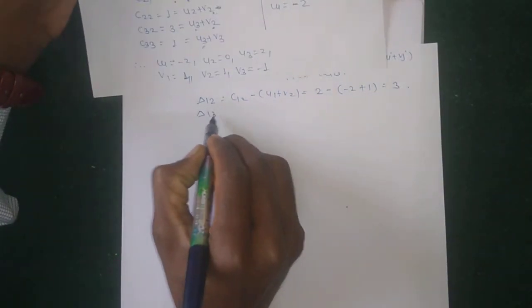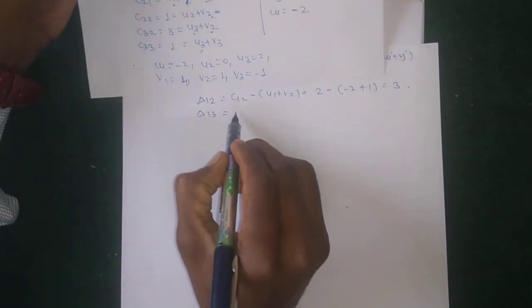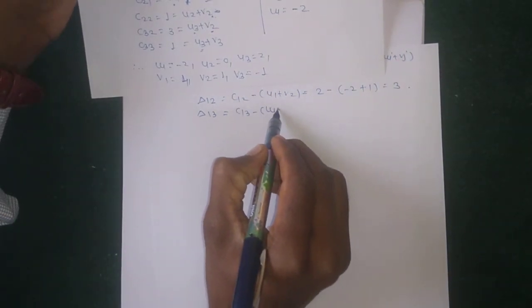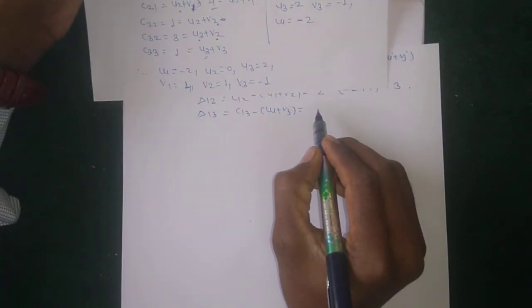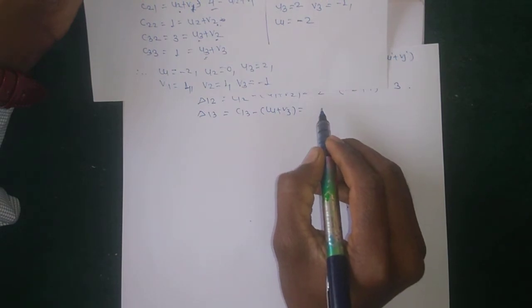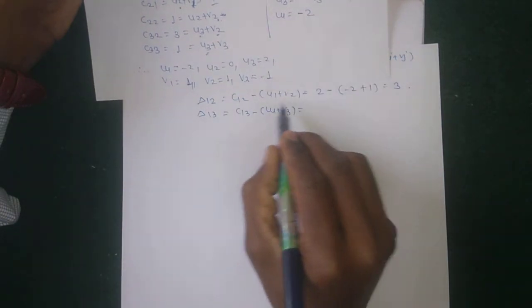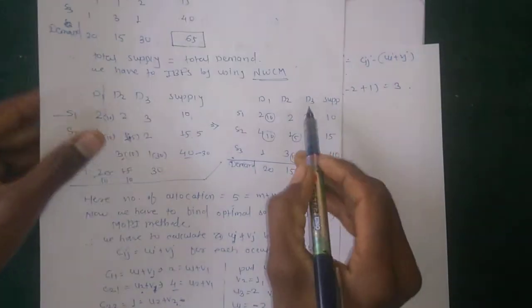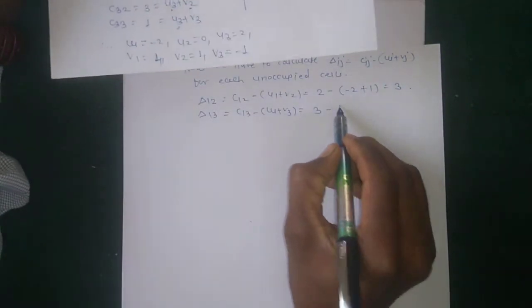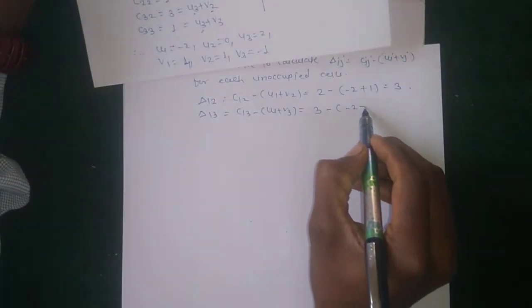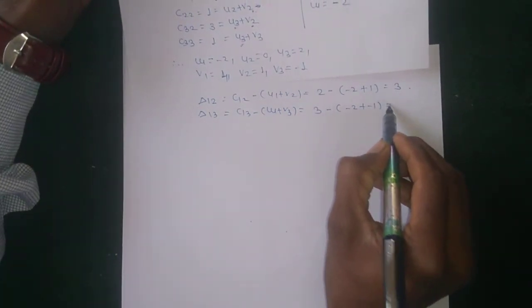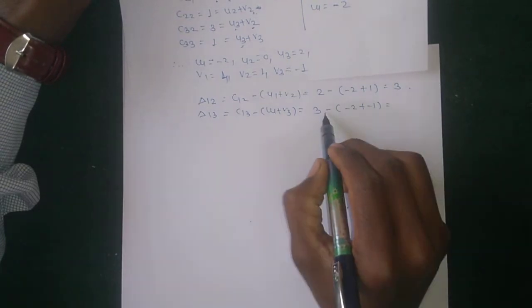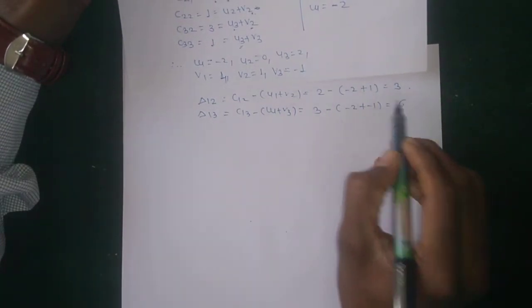Then next is delta 13, C13 minus (U1 plus V3). Here C13 has value 3, so 3 minus (minus 2 plus minus 1), which is 6.